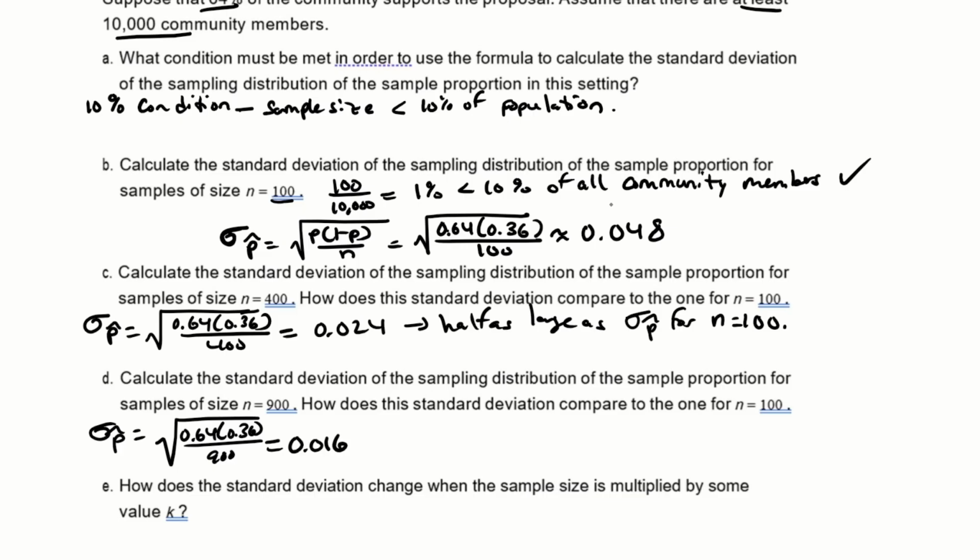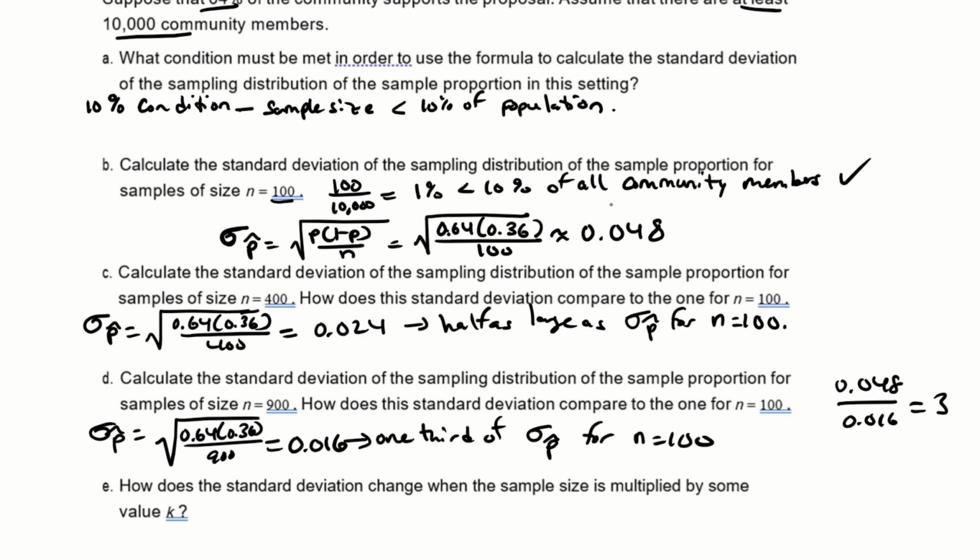And notice that if I were to times that by 3, that would give me 0.048. So if I divide 0.048 by 0.016, that's a factor of 3. So it's 3 times as small. Okay, so it's 1/3 of the sigma p hat for n equals 100. So you're starting to see a pattern here.